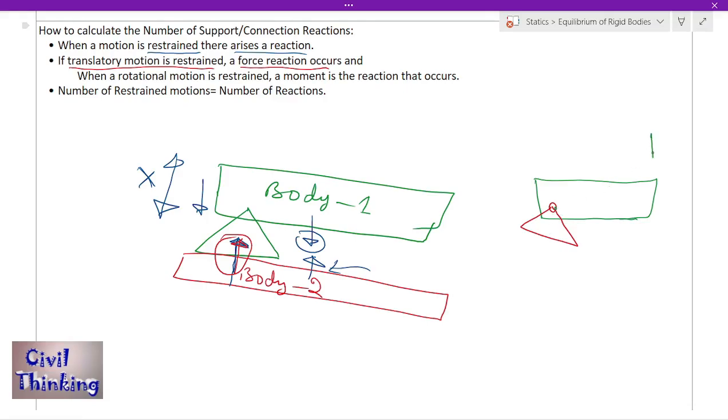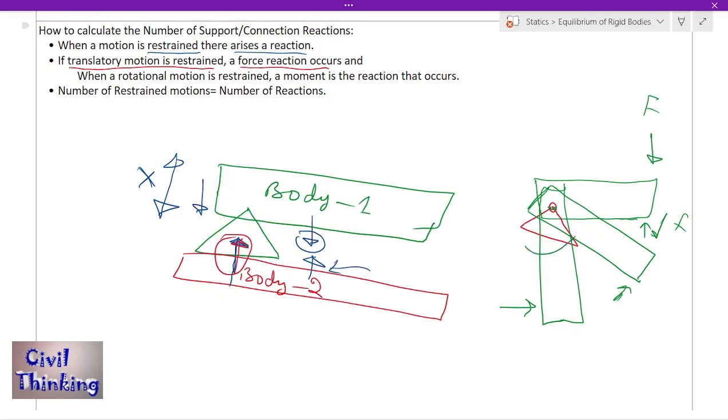When you apply a force F here, this body will move like this, so there will be a rotation at this point. If we exert more force, there will be rotational motion like this, and it will move to this position. Whatever the force, the rotation occurs at this point.